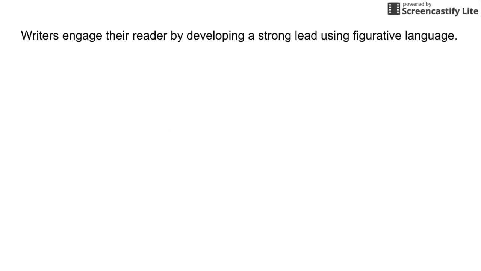Next, writers engage their reader by developing a strong lead using figurative language. So many of us are very good at developing figurative language. We did have lessons earlier in the school year about comparing objects to a feeling.